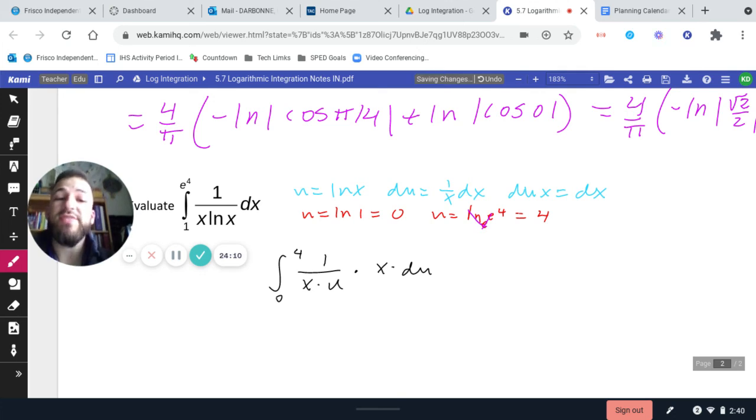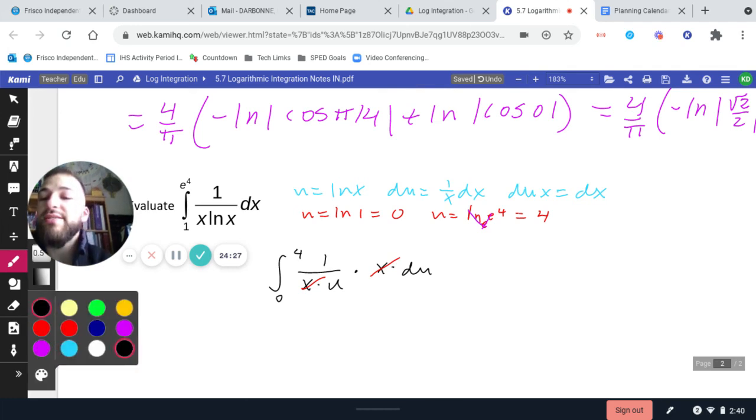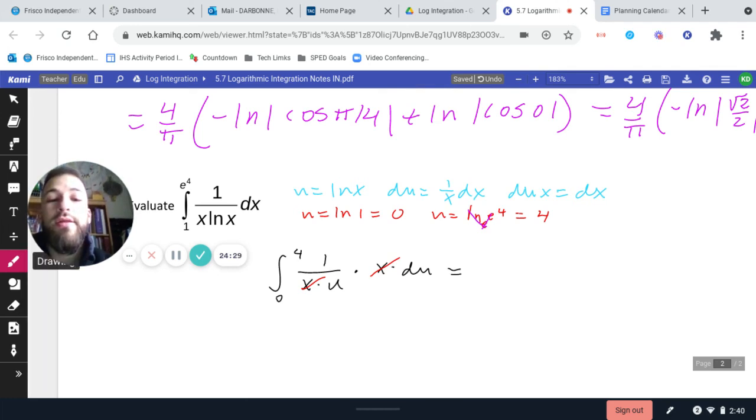Because I replace dx with x times du, I replace natural log of x with u, and then I still have that x in the bottom of my problem. Well, right off the bat, we see that x and x actually cancel out. So we're going to be left with just the integral from 0 to 4 of 1 over u du. So now this is something that I can integrate.